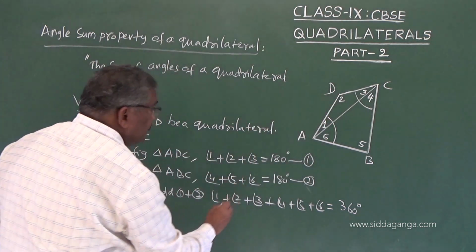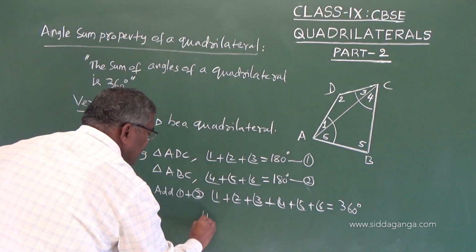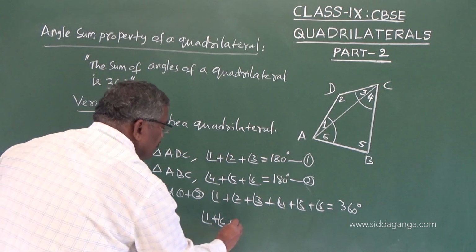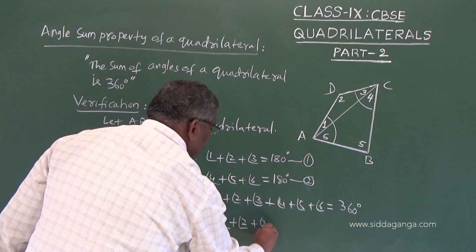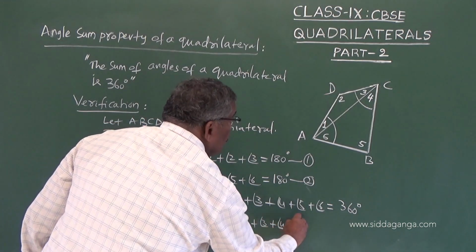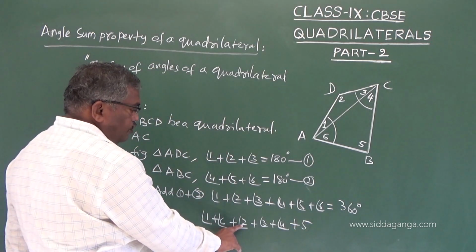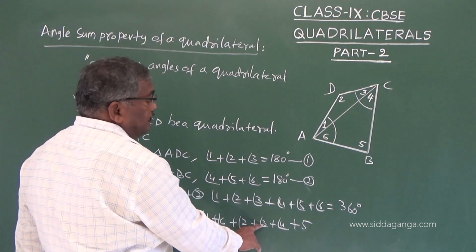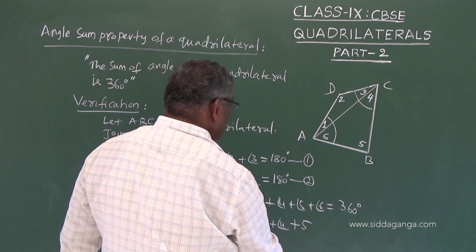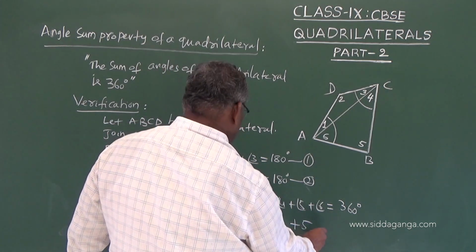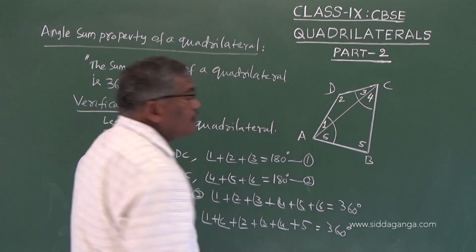I will write 1 and 6 side by side: 1 plus 6, plus 2 plus 3 plus 4 plus 5, is equal to 360 degrees.